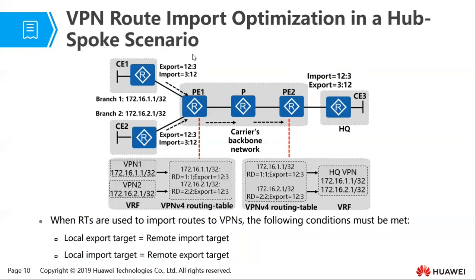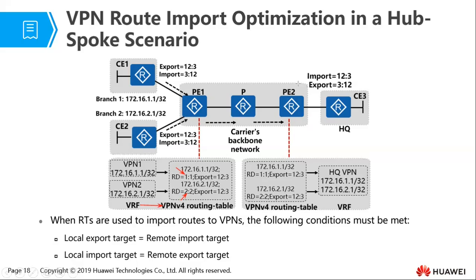So maybe just to explain here again, when we want to import from VRF to the VPN v4 routing table, we use the route distinguisher to distinguish the routes. We use RD 1:1 and 2:2 here.